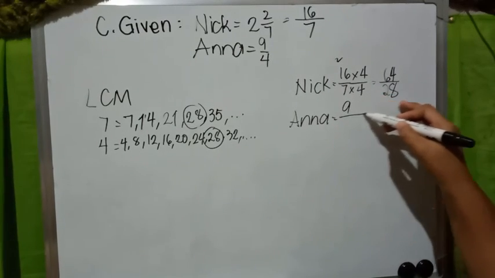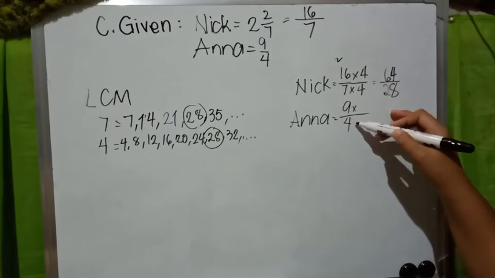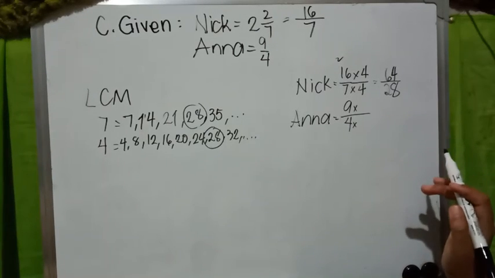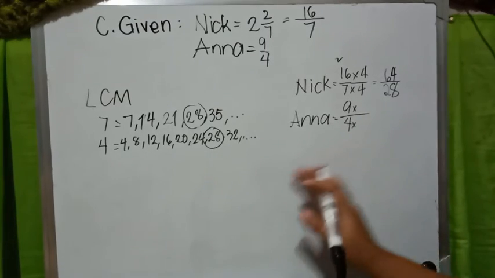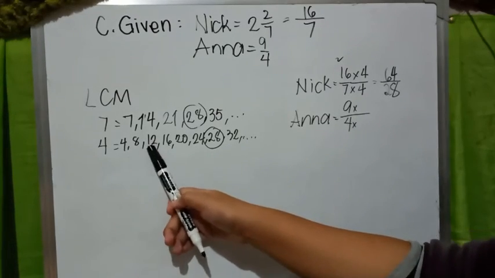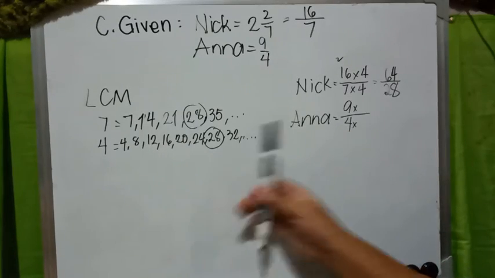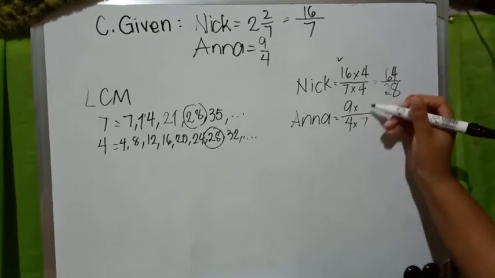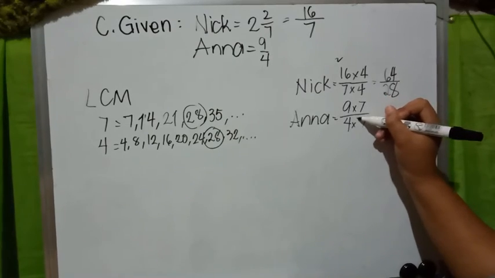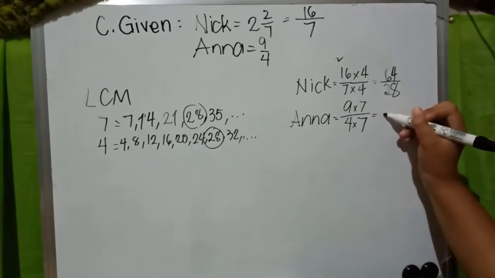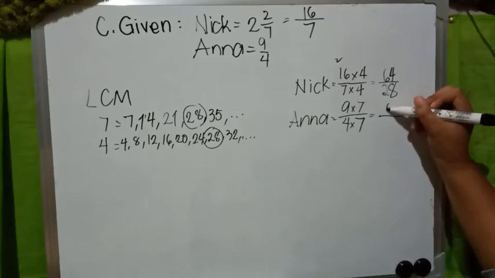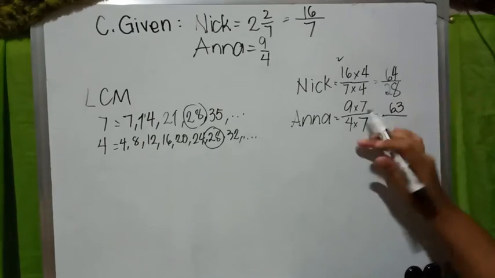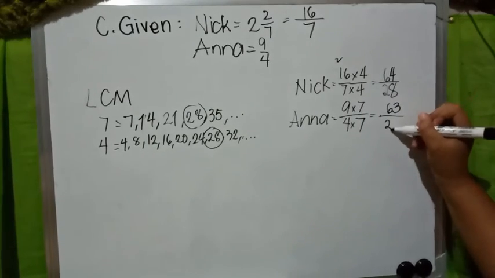While Anna, let's have Anna, which is 9/4. We need to multiply it. How many do we need to multiply to 4 to get 28? Let's count again. 1, 2, 3, 4, 5, 6, 7. So we need to multiply 7 to both the numerator and denominator. 9 times 7, how many? That is 63. 4 times 7, it's 28.